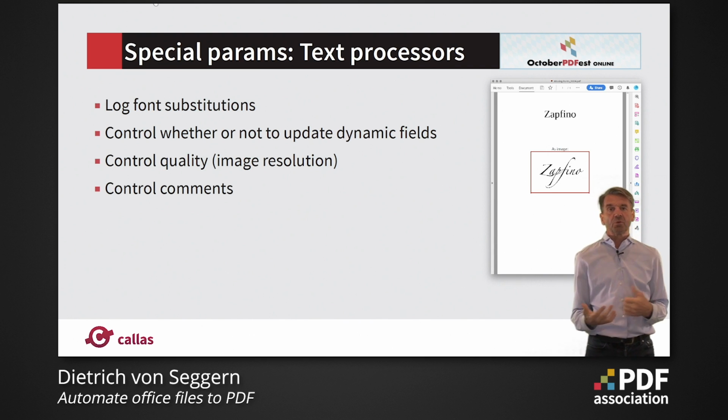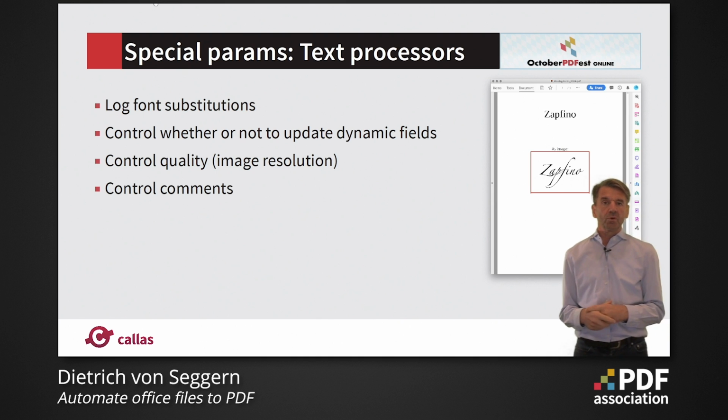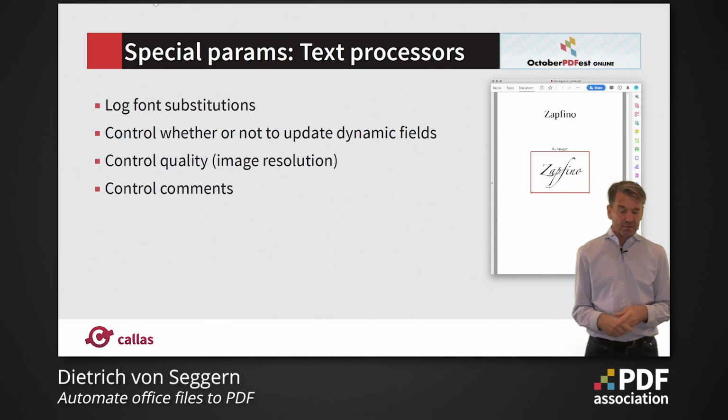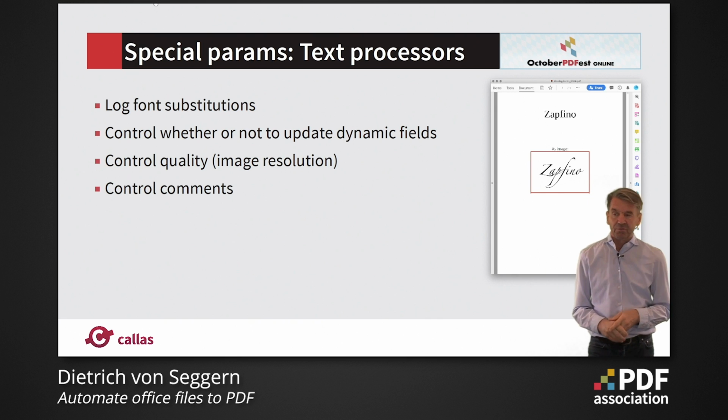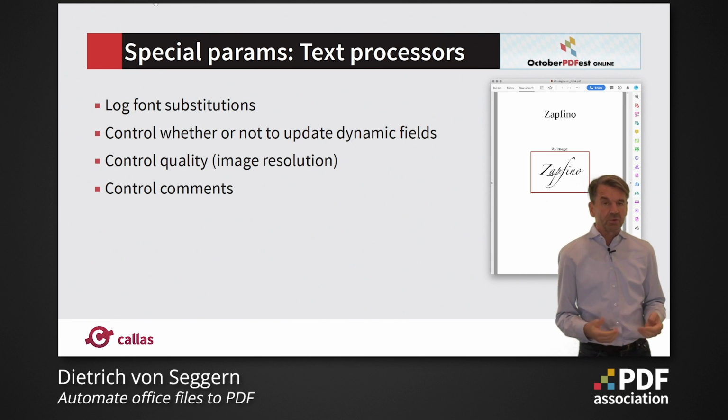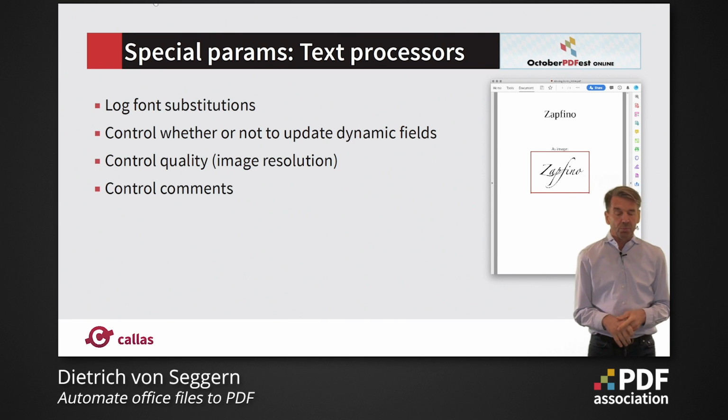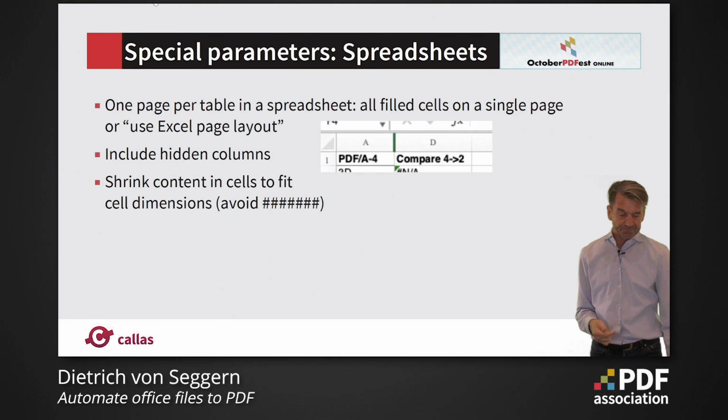You can control whether you want to update dynamic fields in text processors. So these are parameters for text processor files from Microsoft Word or Writer. You can control the image resolution, and you control whether you want comments or not in the result.